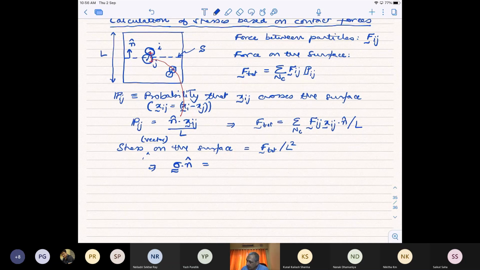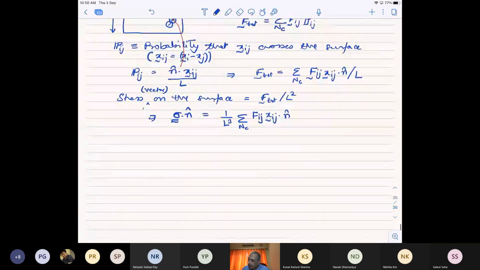Now we can replace that. So you get 1 by L cubed, sum over all the contacts of Fij Xij dot n. Now you can see there's a dot n in both places.